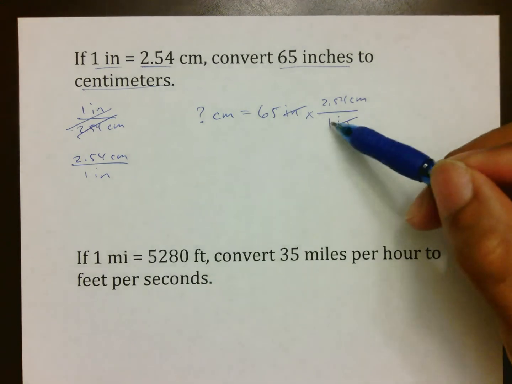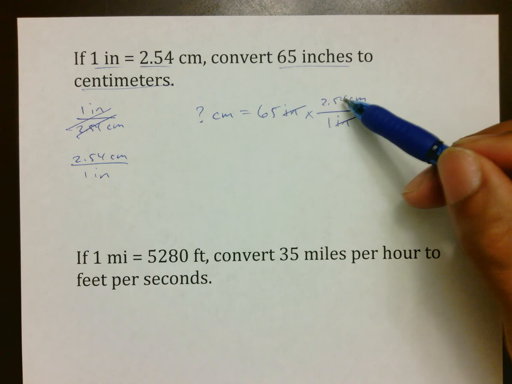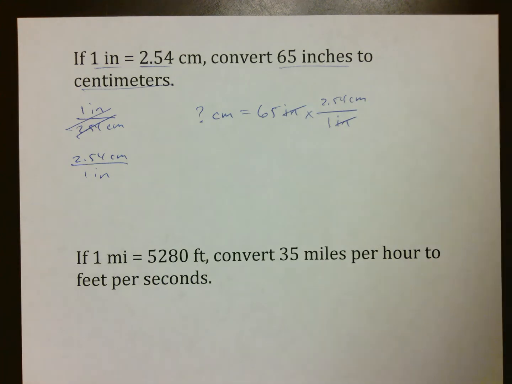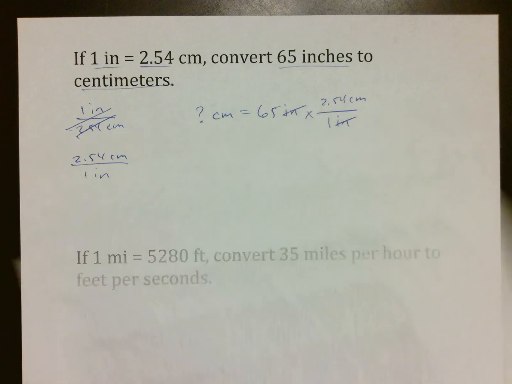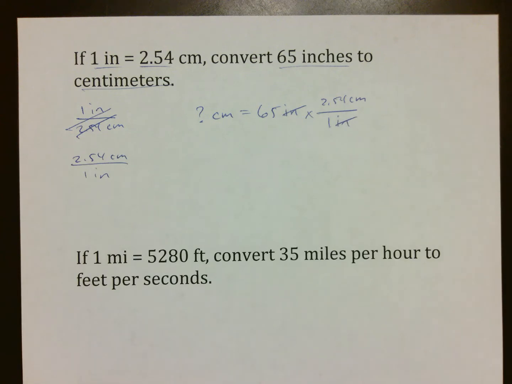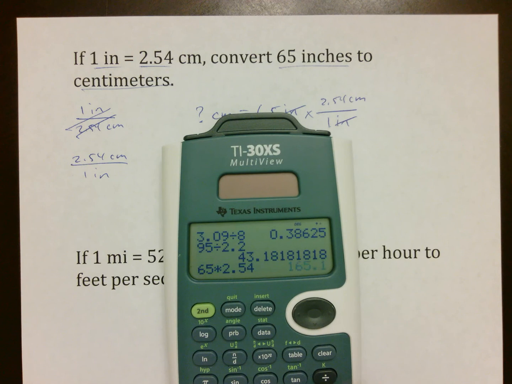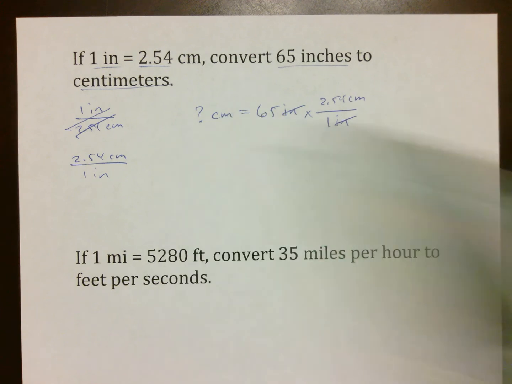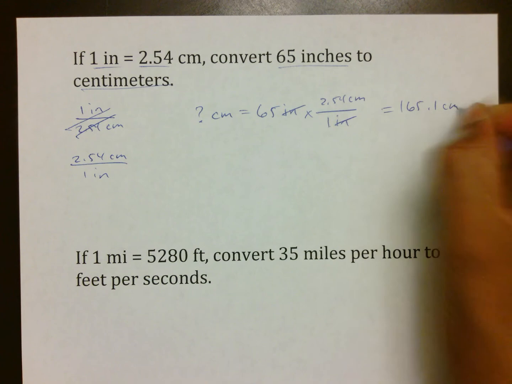Notice again that this is a 1, which means this is not an actual number here, so I don't care about it, and 2.54 is on top. Again, going back to your notes, which says that when the actual number is on top, we multiply. So what we are going to do here is 65 times 2.54 to get the answer of 165.1 centimeters.